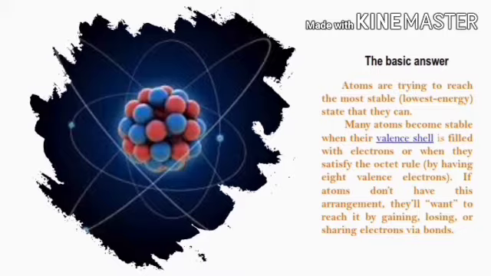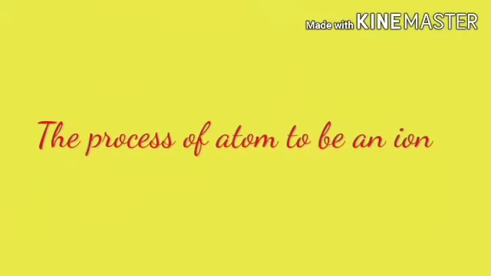Many atoms become stable when their valence shell is filled with electrons, or when they satisfy the octet rule or duplet rule by having 8 or 2 valence electrons. If atoms don't have this arrangement, they will want to reach it by gaining, losing, or sharing electrons via bonds.